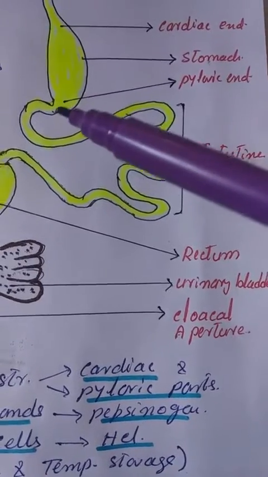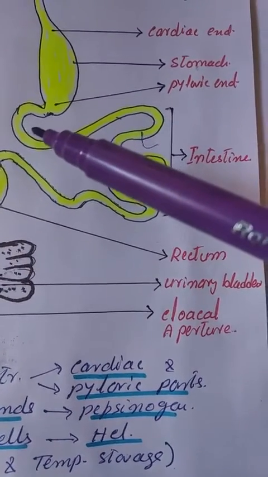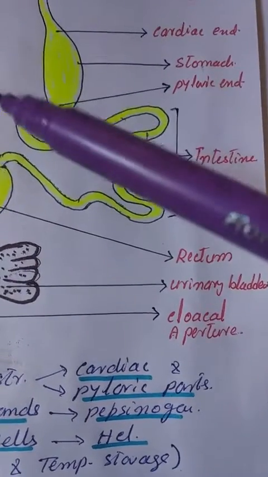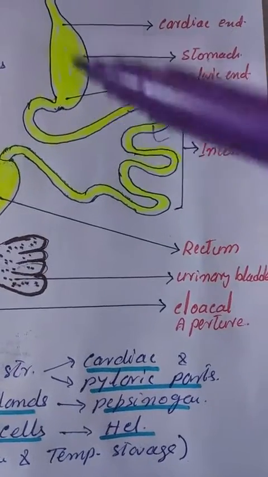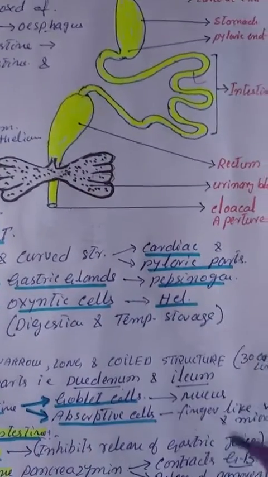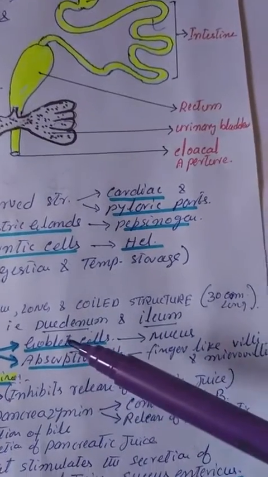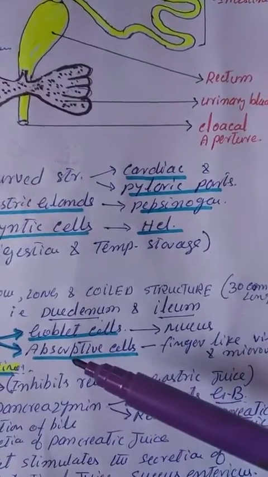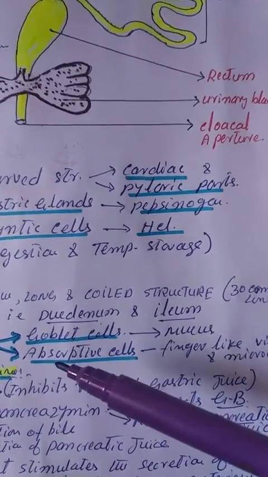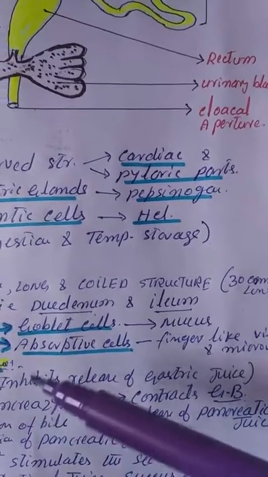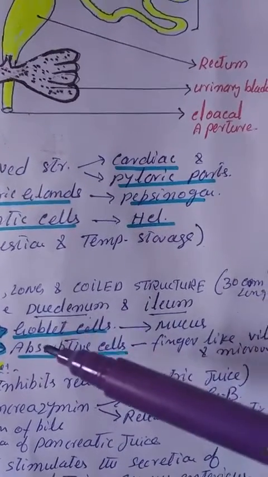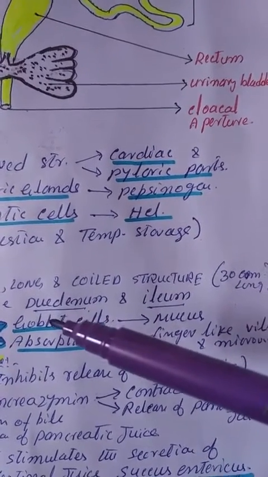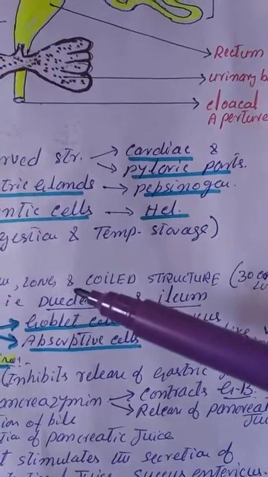It consists of two types of cells. The first type is the goblet cells, which secrete mucus, and the second type is the absorptive cells, whose function is the absorption of digested food, aided by finger-like folds known as villi and microvilli.